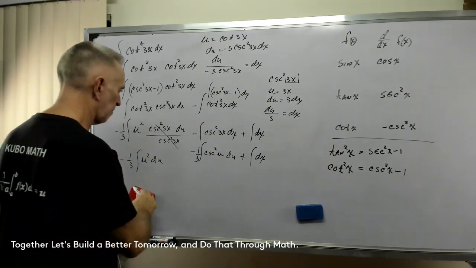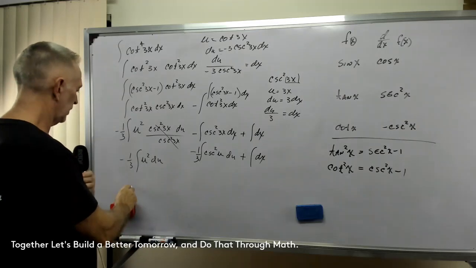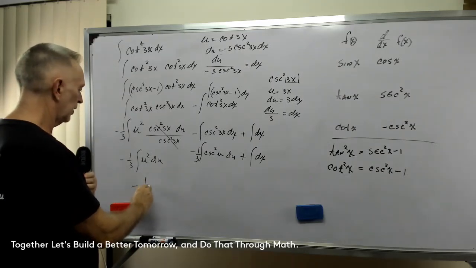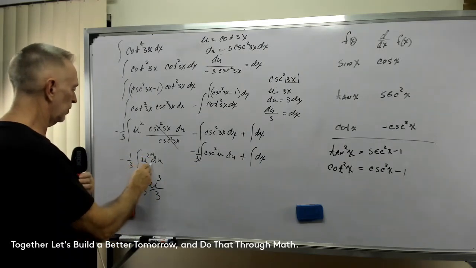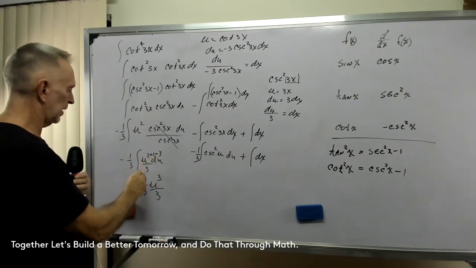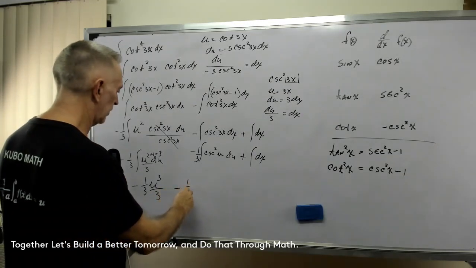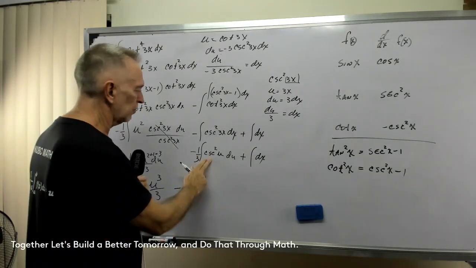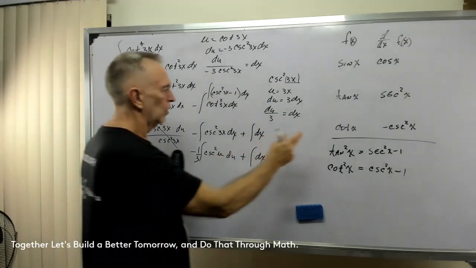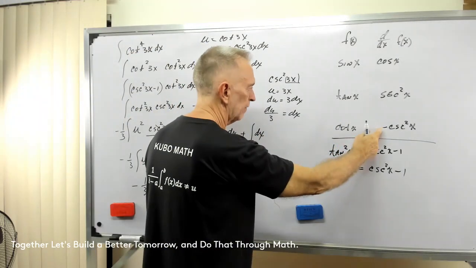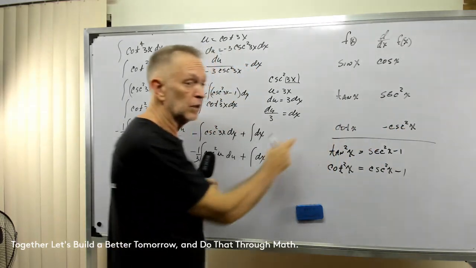I'll just leave it alone, and let's work right here. All right, let's walk through our u's first. So we have minus 1/3 u cubed over 3. So we had the 2 plus 1 equals 3 divided by 3. Okay, minus 1/3. What's the integral of cosecant squared u? Well, the integral of negative cosecant squared was a positive cotangent.